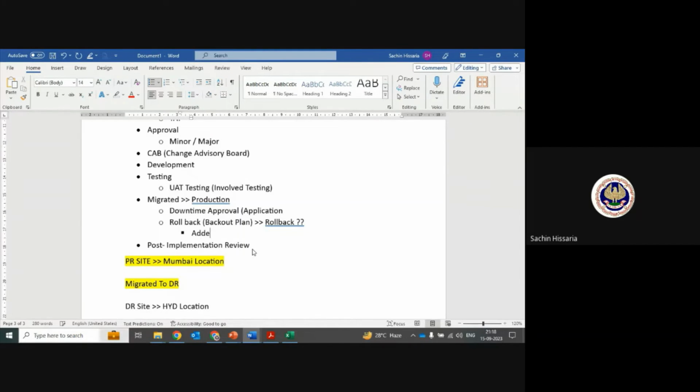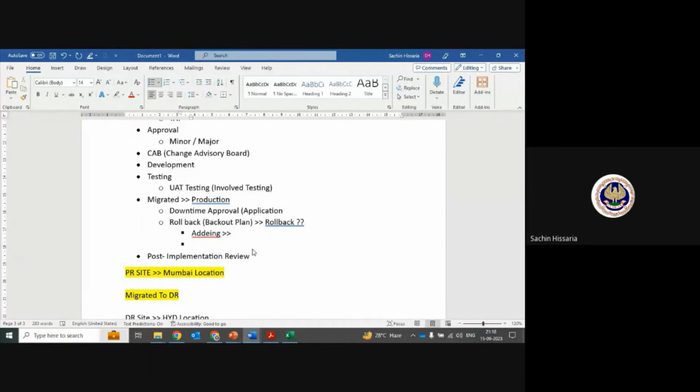While implementing that functionality in the current application, sometimes after migration my current application doesn't work due to some bugs in the feature. There are chances that after migration, your application doesn't support those changes. As part of the rollback plan, we prepare a backout plan: suppose after implementing, my application doesn't work, how will I roll back my system to the previous state?